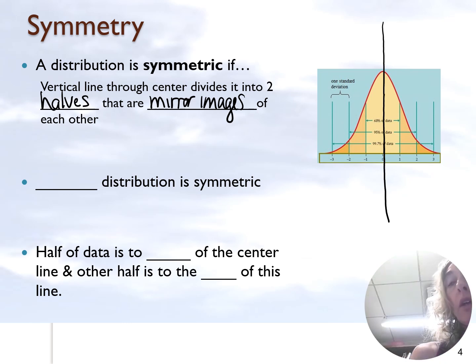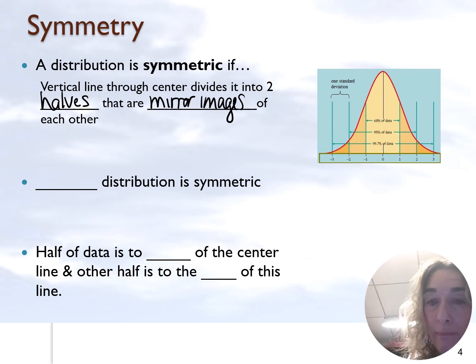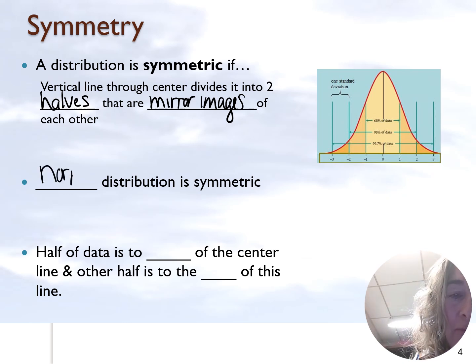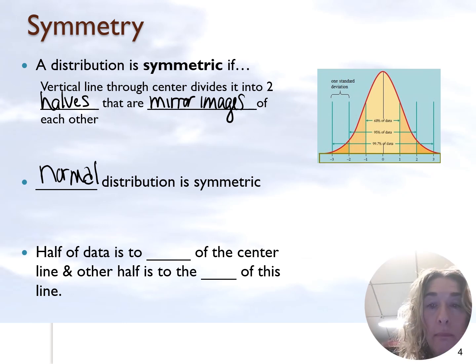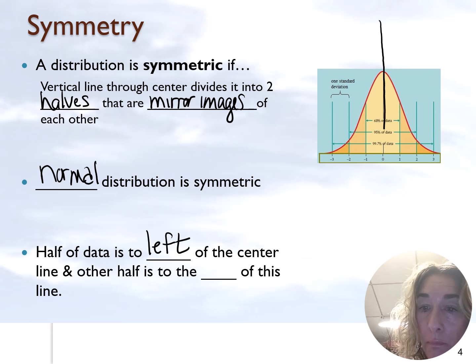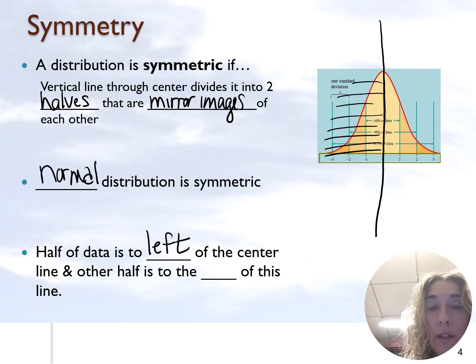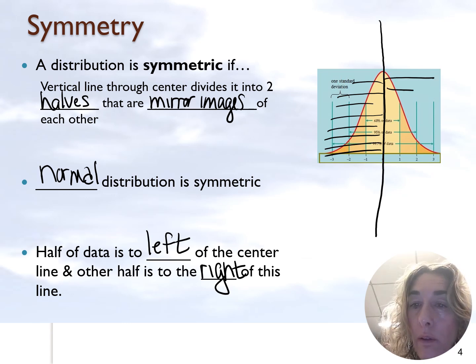The distribution that is pictured on the right is the normal distribution. It is indeed symmetric, and that's because half of the data is to the left of the center line. Half the data or half the area is to the left, and the other half is to the right of the center line.